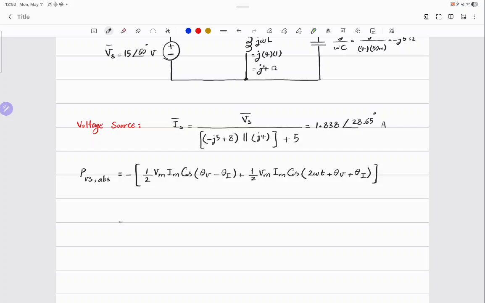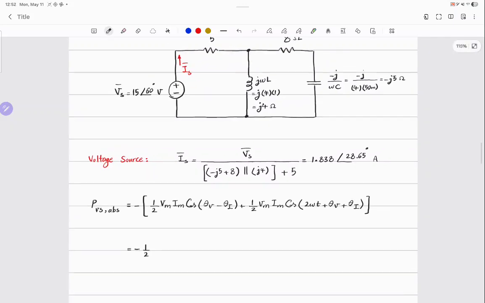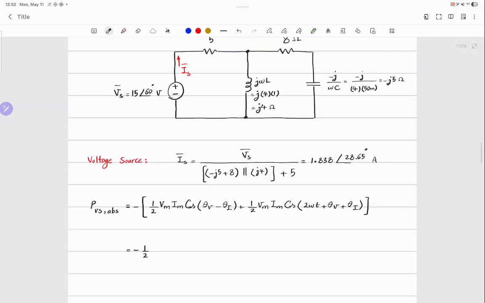So I'm going to plug in values, negative 1/2. Ross, what is Vm? Can you verbally describe what Vm means? Again, I'm not forcing you to answer. If you're uncomfortable, you can pass.